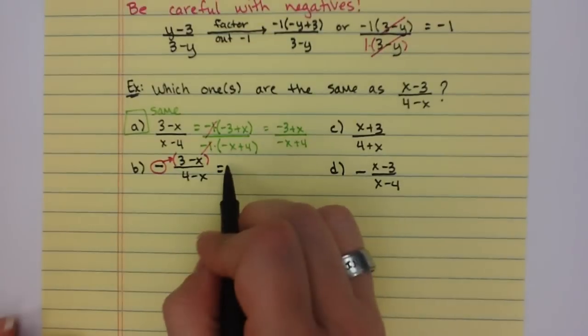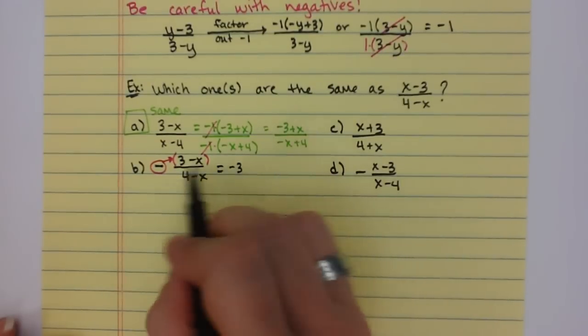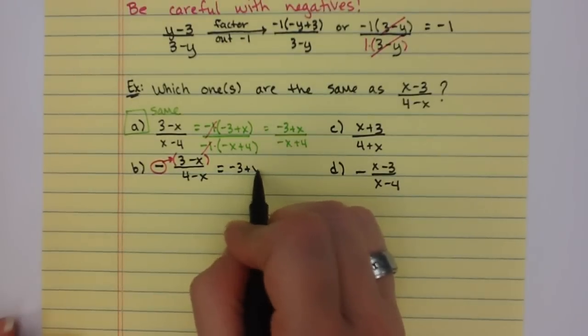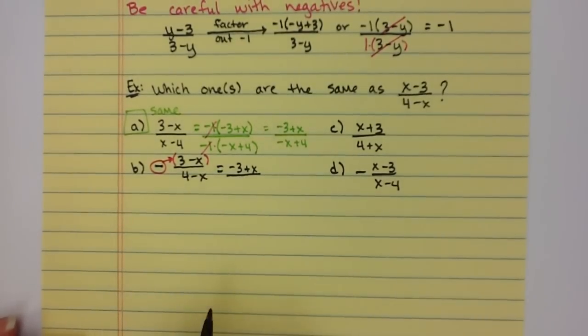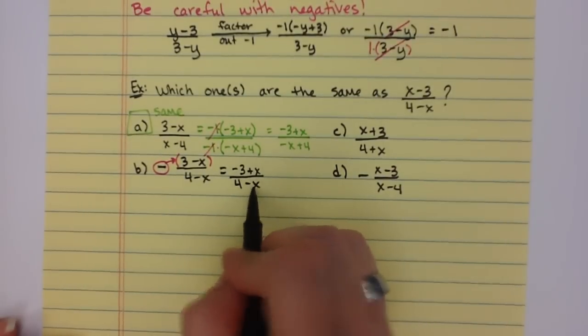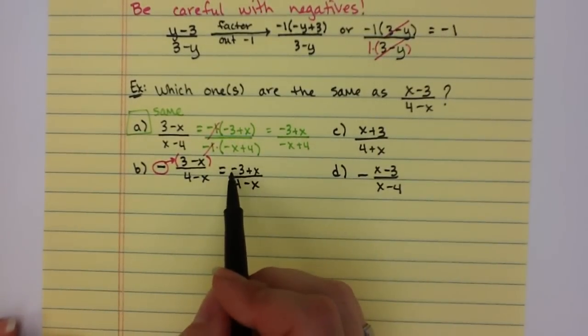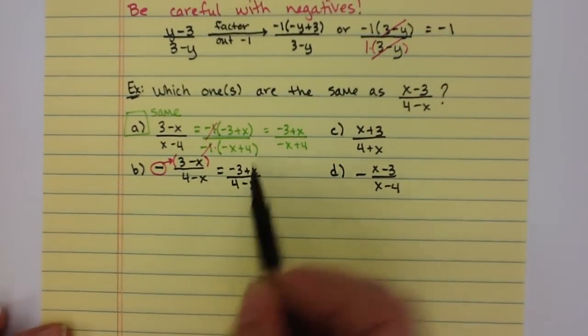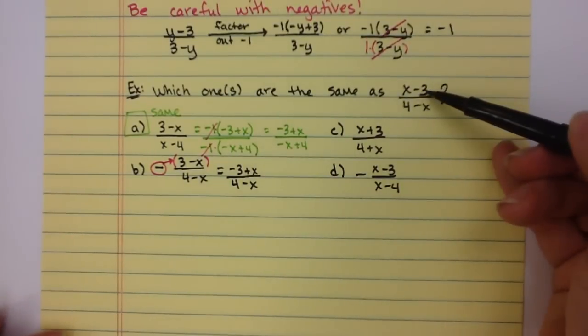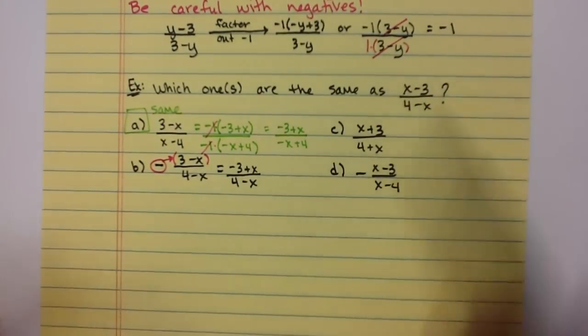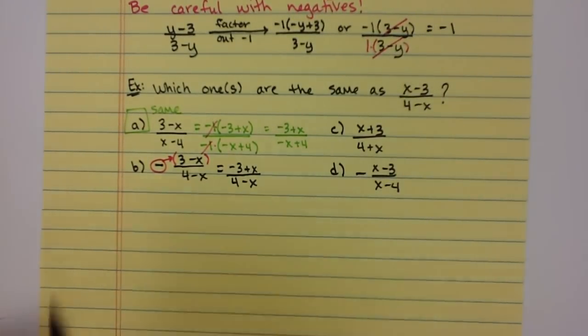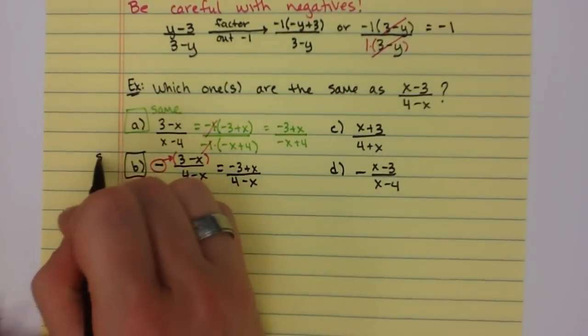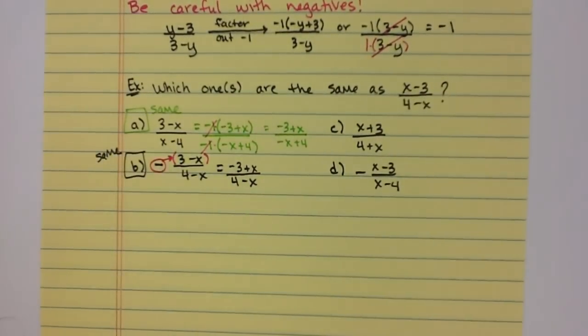So -1 times 3 is -3. -1 times -x is plus x. And then the denominator doesn't change. So I have -3 plus x over 4 minus x. -3 plus x is the same as x minus 3, and 4 minus x is obviously the same as 4 minus x. So this one is also the same.